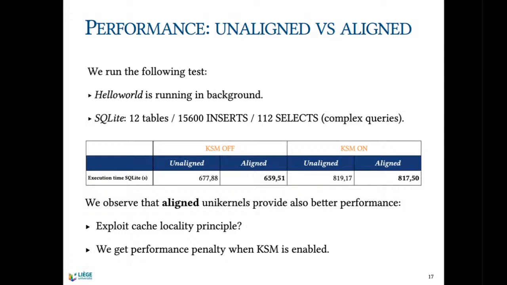The second observation is that aligned unikernels also have better performance. We can see that we gain some performance since the completion time of the aligned unikernel is a bit faster. For this part we need to do further investigation, but we think that it is related to the cache locality principle.